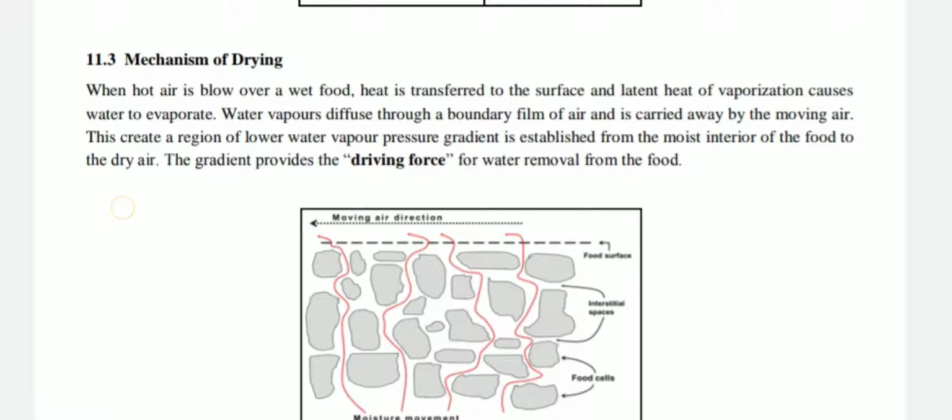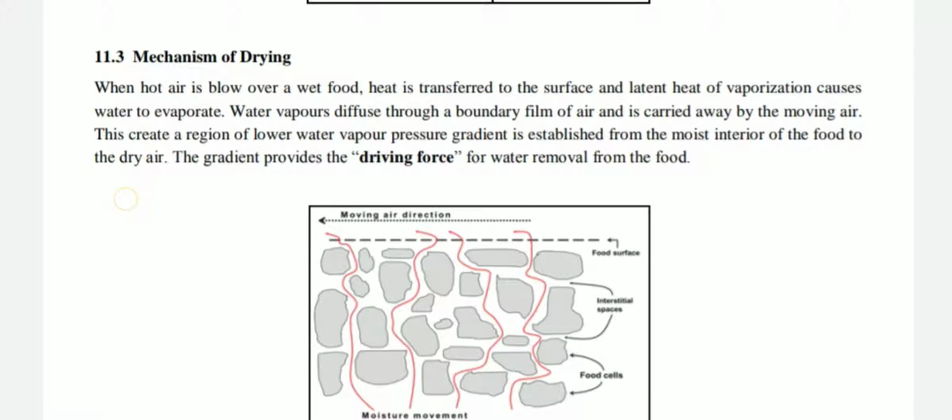We have already discussed that whatever water evaporates during metabolic activity from the cell is there as free water in between the cells.